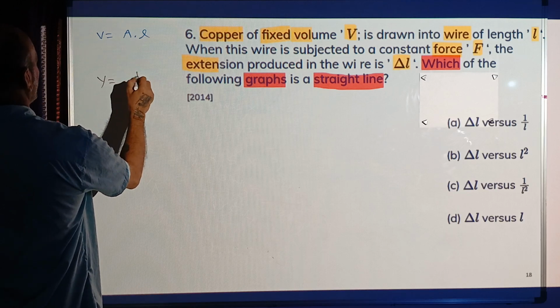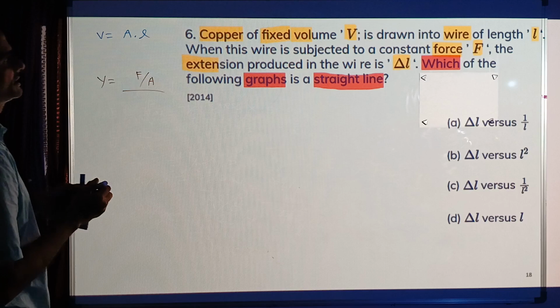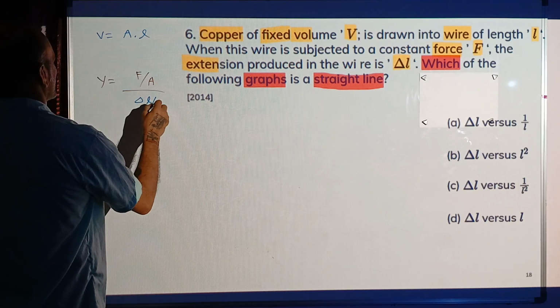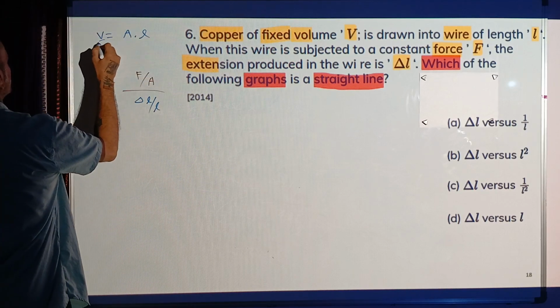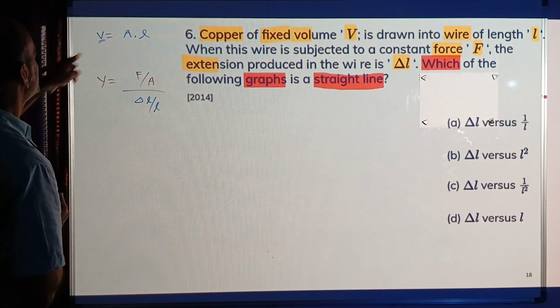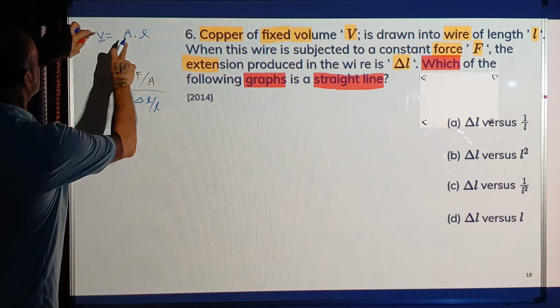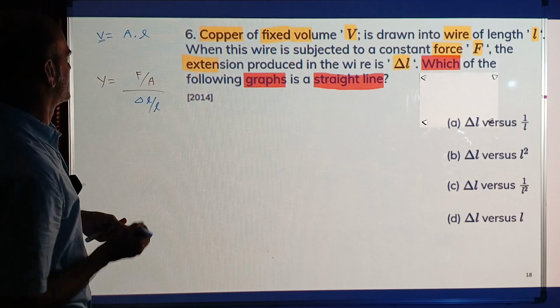Stress is F by A, and then strain is delta L by L. So volume is fixed. L can change, A will change correspondingly. If L is double, it means area will become reduced by half, so that A into L is a fixed quantity.